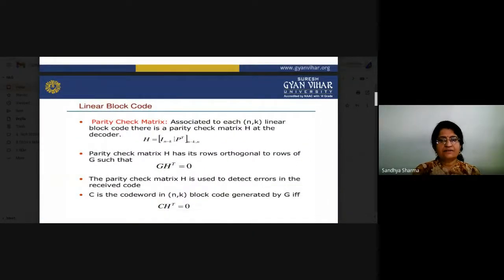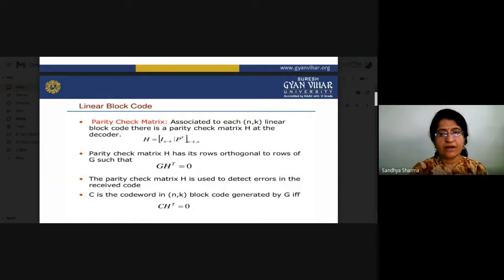Now the parity check matrix is associated with each (n,k) code. Suppose you have an (n,k) linear block code and there is a parity check matrix H. How can you define it? Initially the generator matrix G is defined as the parity matrix P followed by the identity matrix I. But the parity check matrix is defined as I, not I k by k but I n minus k, and then P transpose.